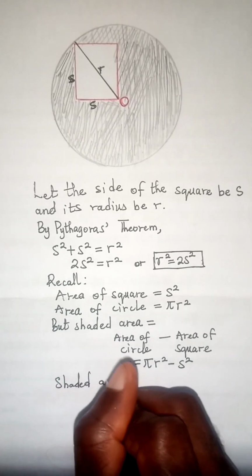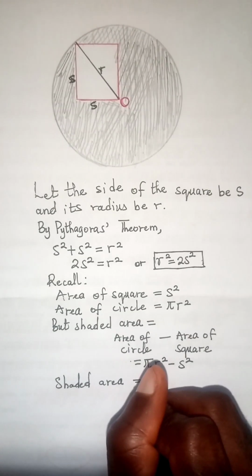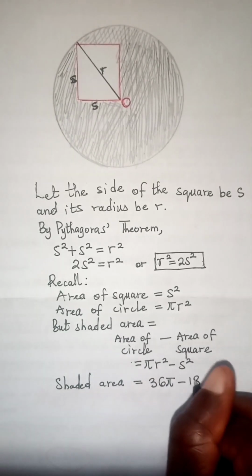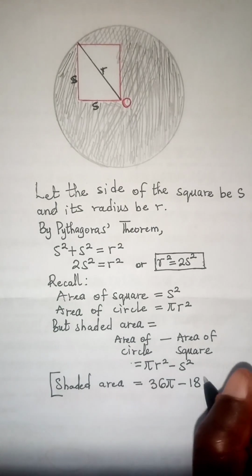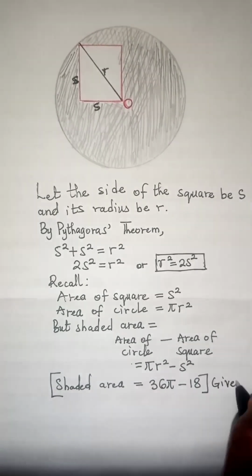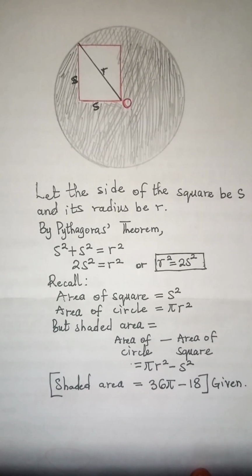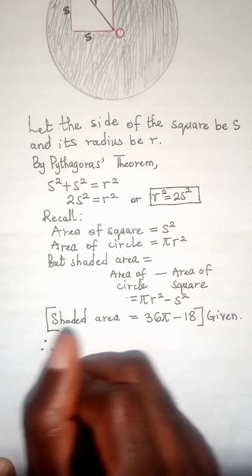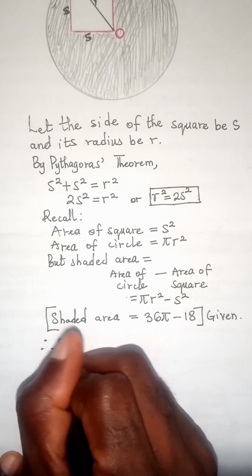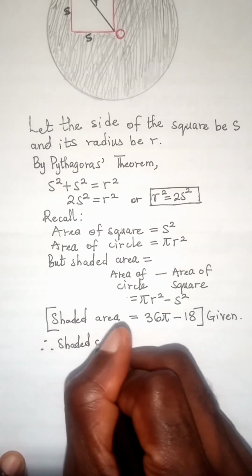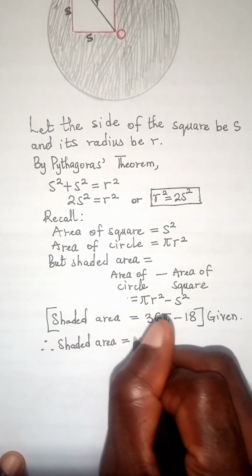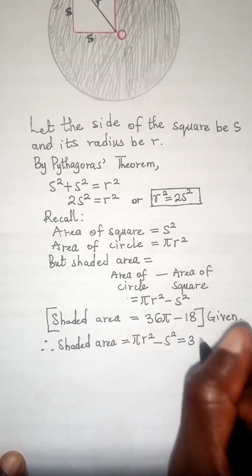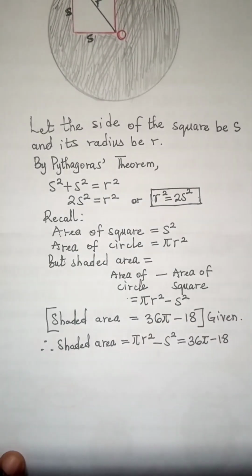Now, according to the question, the shaded area is given by 36 pi minus 18. Therefore, in this case, the shaded area, which is pi r squared minus s squared by formula, is 36 pi minus 18.